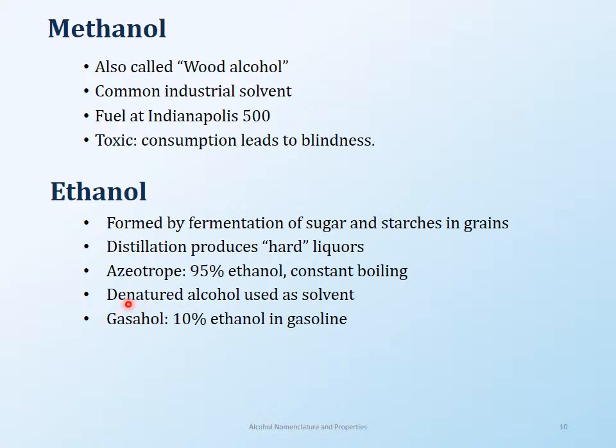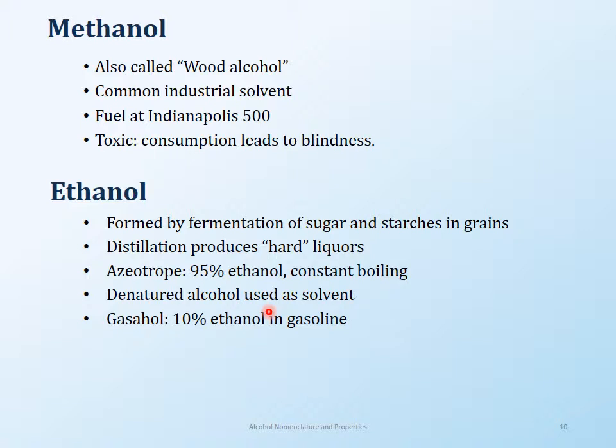It's usually called denatured alcohol because typically there is a chemical added to this alcohol so that you cannot drink it anymore. That chemical does not interfere in its properties as a solvent or as a reactant. However, it does make it undrinkable. So don't think that just because it's in a lab and it's 100% alcohol that it's consumable. It is not. It's toxic.